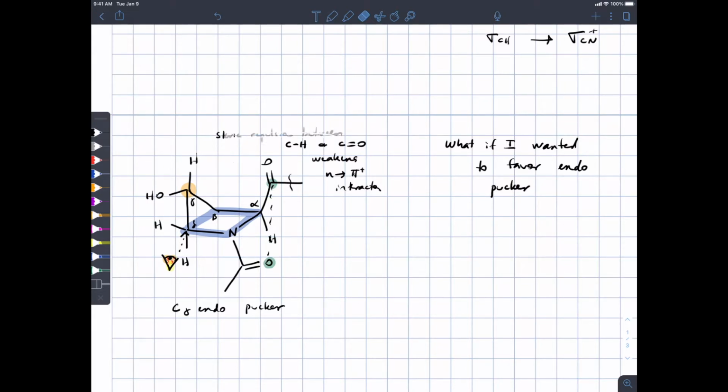And we will just not worry about the steric repulsion here or what it does to the N to pi star interaction. We'll just say there's some reason why we want an endopucker. Maybe we found a protein where that happens and we want to make an amino acid that's even more biased for that situation. Can you think of something you could do to this molecule to favor the endopucker?